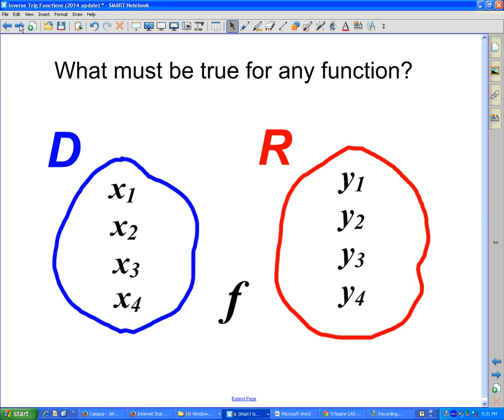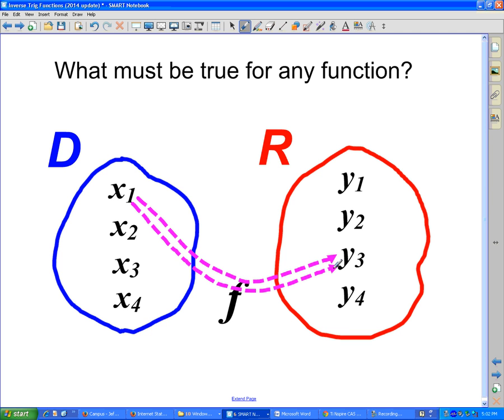Here's the deal. If an x value goes into the function and goes to a particular y value, then for an algebraic or trigonometric relationship to be a function, if we ever go back and put that same value back into the function, it has to always give us the same answer.